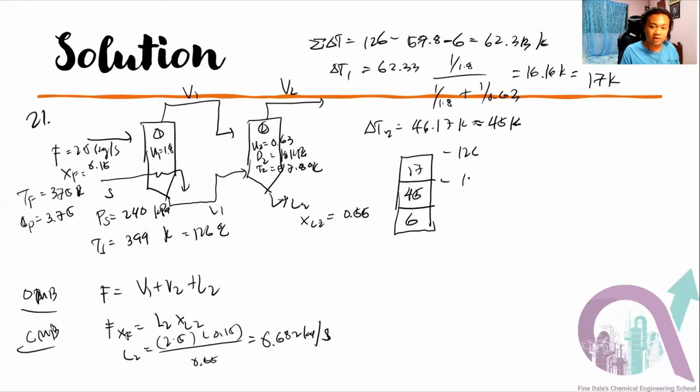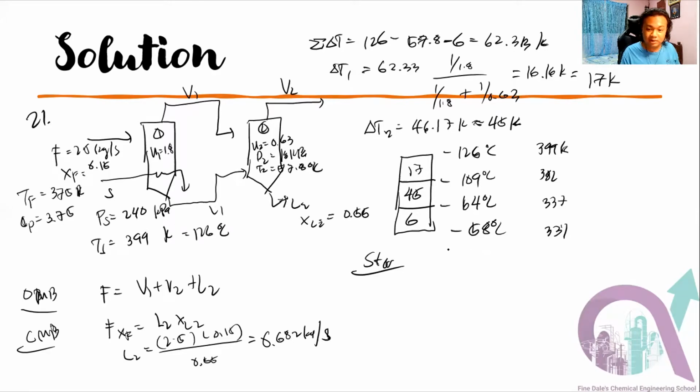So you have 109 degrees Celsius, also 64 degrees Celsius here, and lastly you will have 58 degrees Celsius. In Kelvin, this is 399, also 382, then 137, then 331. These values are from Coulson also.